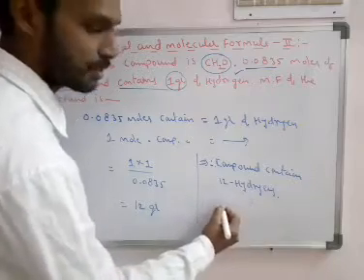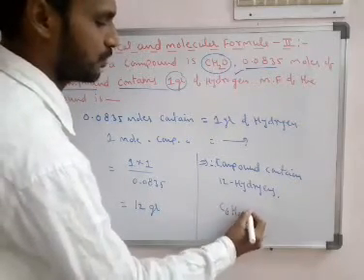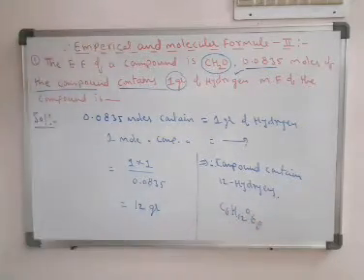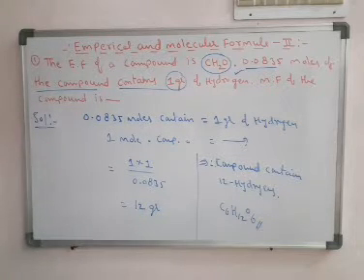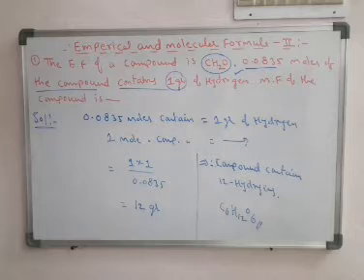In the given options, there is only one option with 12 hydrogens, that is glucose, C6H12O6, or it may be fructose. So the compound may be glucose or fructose, both having the same molecular formula.